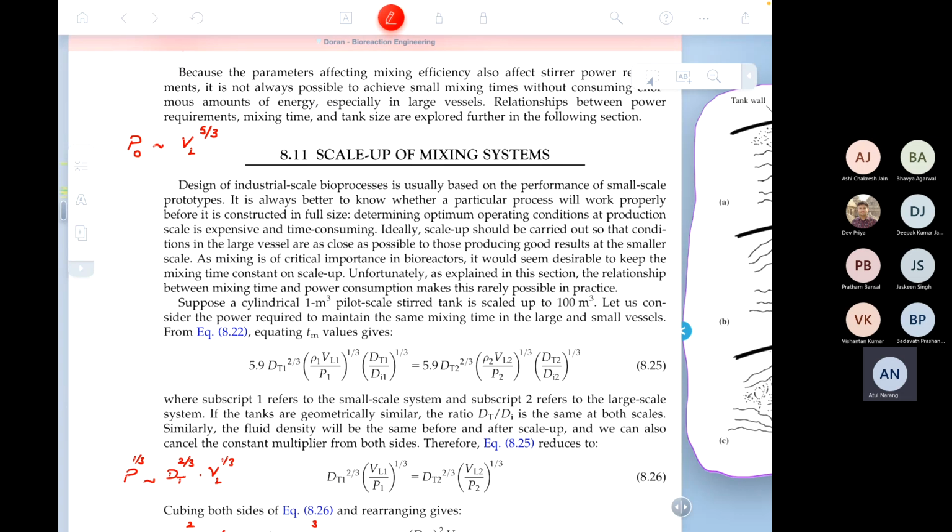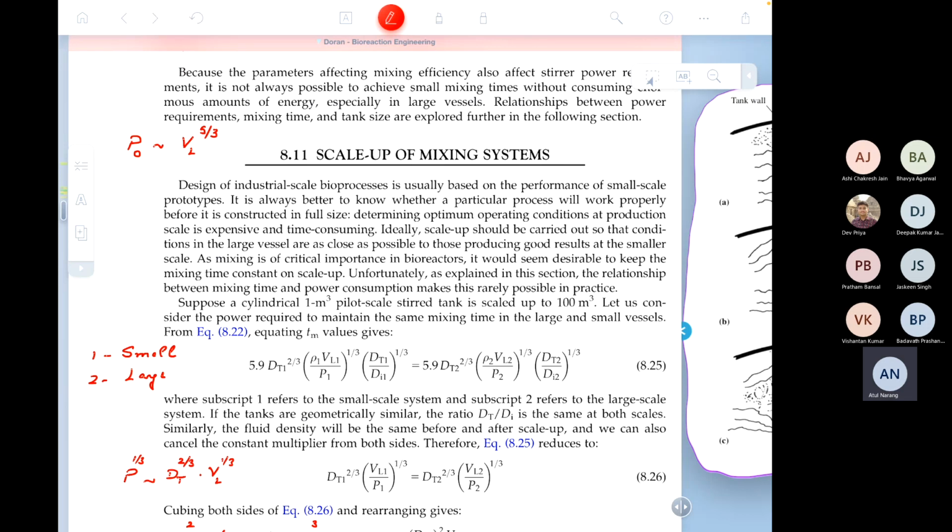Suppose you want to maintain the same mixing time in a small and a large reactor. I think she uses the notation subscript 1 for the small scale reactor, and subscript 2 for the large scale reactor.